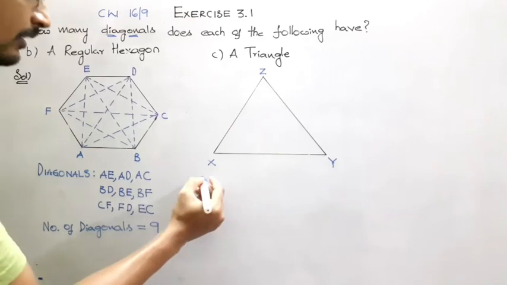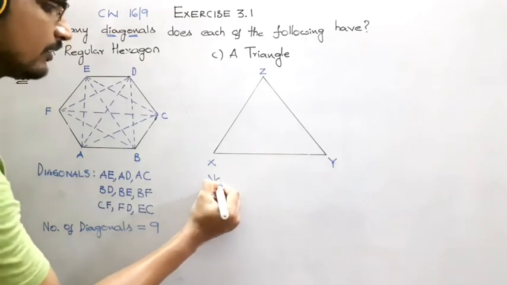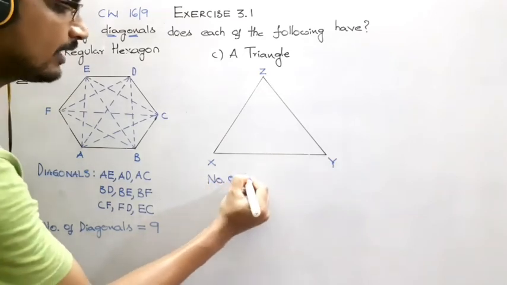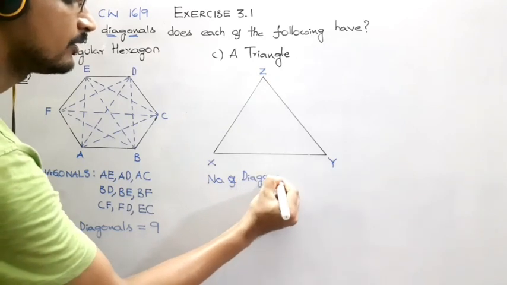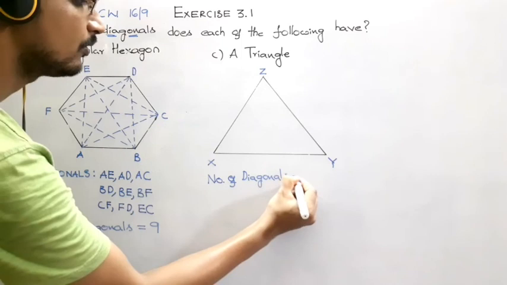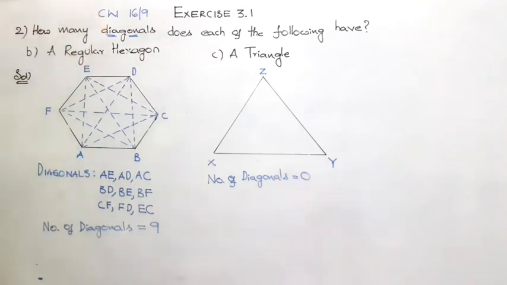So for a triangle, the number of diagonals is equal to 0. Hope you are clear, children. As I told, you have to draw the figure and show the diagonals, and only then specify the number of diagonals. Please copy the given solution into your CW carefully.